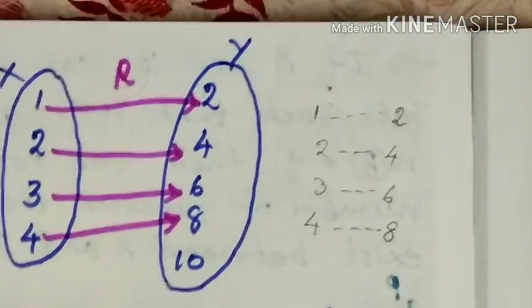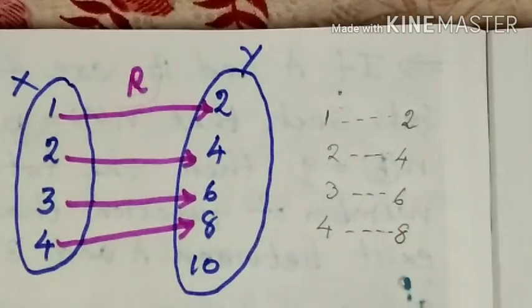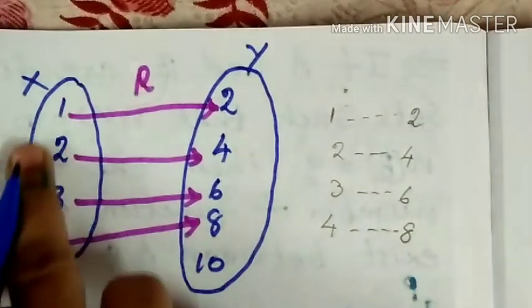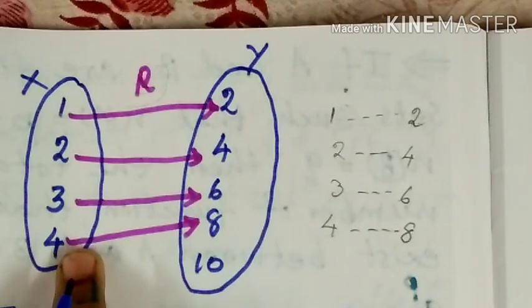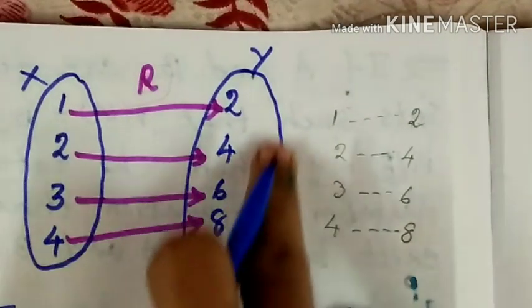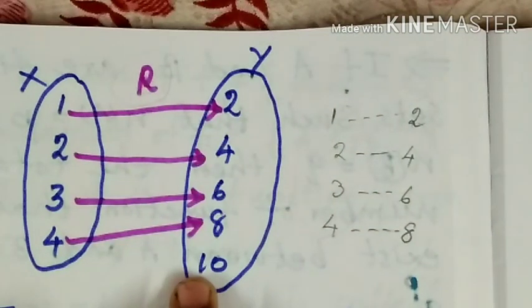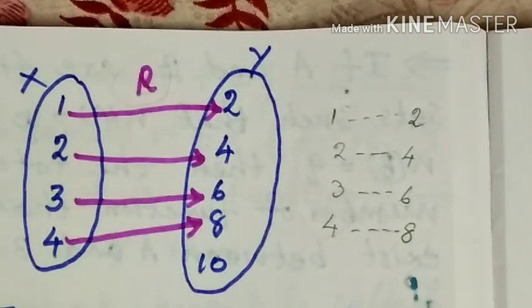So, next we write the domain of R. What is the domain in a function? The set of all the elements in the first set is called the domain. The set of all the elements in the second set is called the codomain.